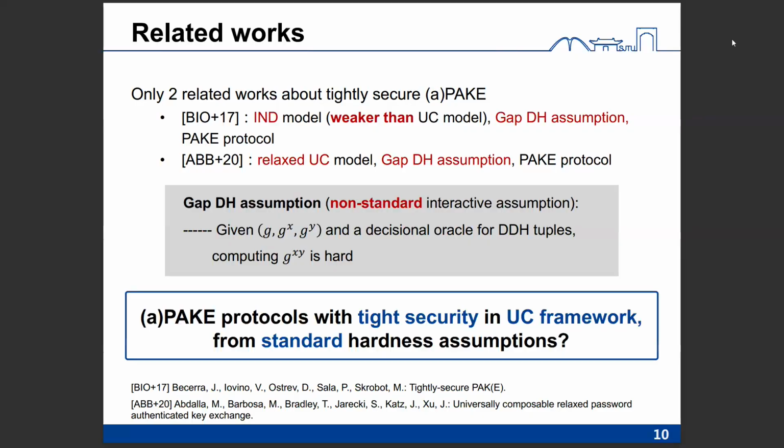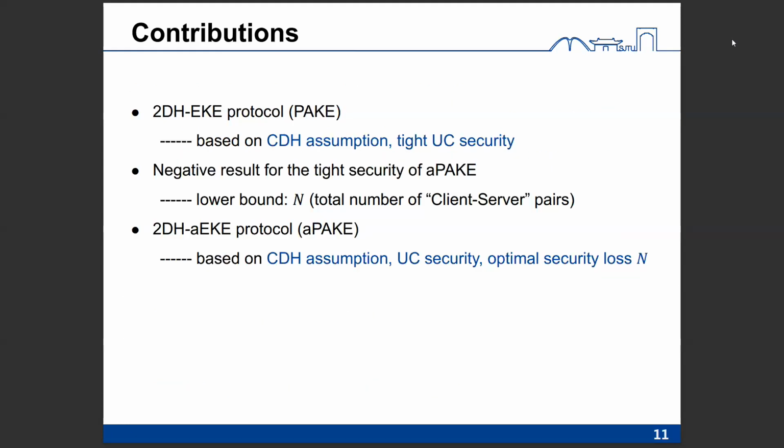So in this work, we aim to design a PAKE protocol as well as an APAKE protocol with tight security in the standard UC framework, probably from a standard hardness assumption like the CDH assumption. So that's our goal. And we make the following contributions. First, we propose twin DH EKE. It's a PAKE protocol, and we prove its tight UC security based on the CDH assumption.